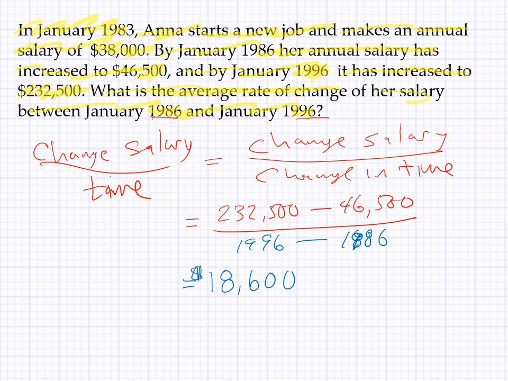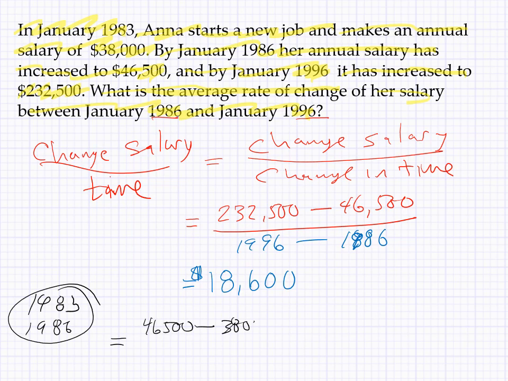Well, the first 3 years certainly was a far smaller average, but let's look at the change from 1983 to 1986, right? What was that change? Well, from a salary standpoint, she went up to 46,000 from 38,000, and it took 3 years to do that.